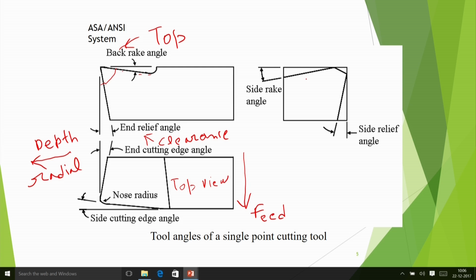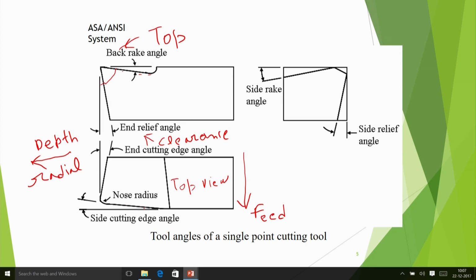It is side rake angle, and you have seen this one. So two angles are shown in the top view, two angles are shown in the front view, and two angles are shown in the side view. So we have got a total of 6 angles now. They designate proper tool geometry, and they will be influencing more.